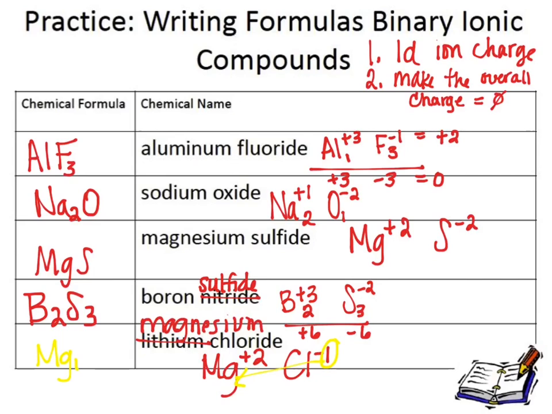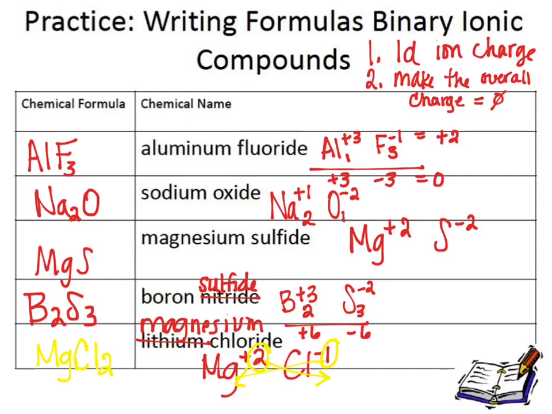Next, take the absolute value of the charge on magnesium, cross it, and give it as a subscript to chlorine. This just got a whole lot easier. Cl2.